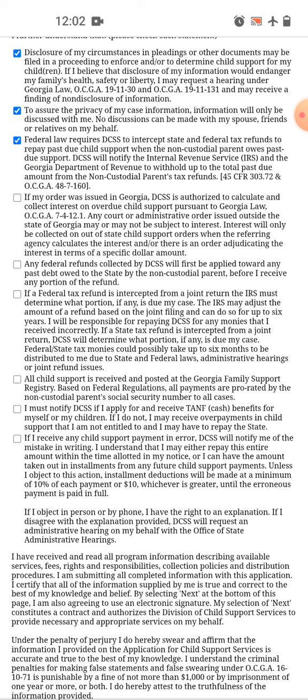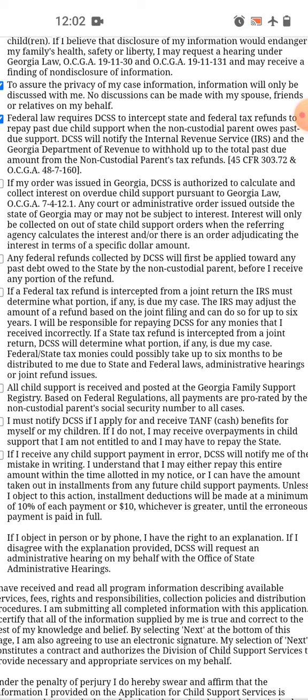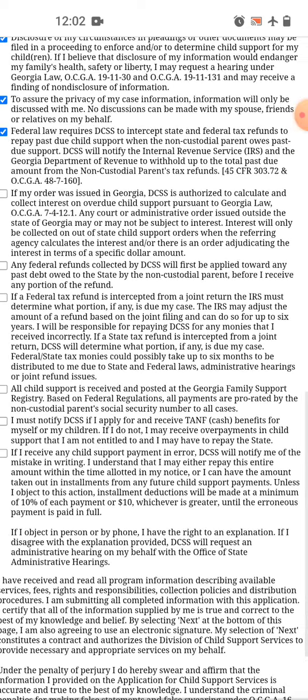Okay. If my order was issued in Georgia, DCSS is authorized to calculate and collect interest on overdue child support pursuant to Georgia law 7412-.1. Any court or administrative order issued outside the state of Georgia may or may not be subject to interest.